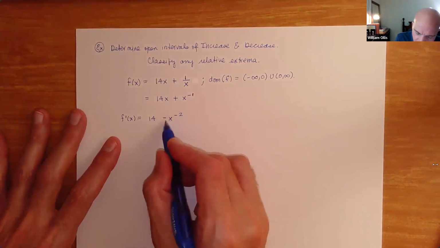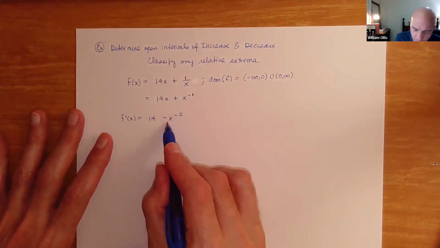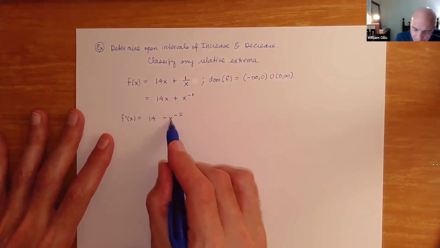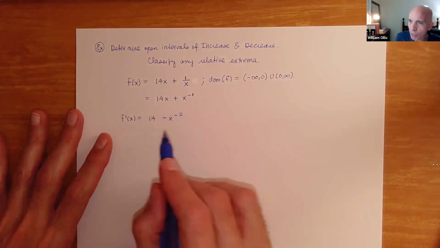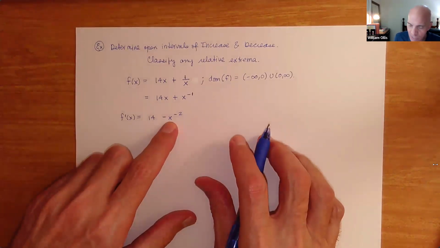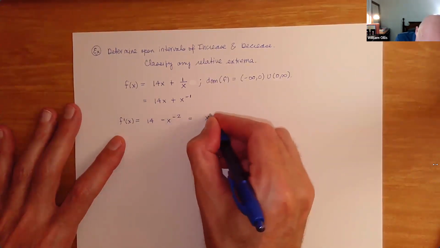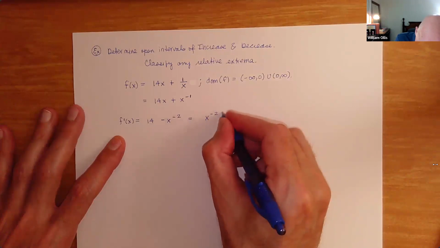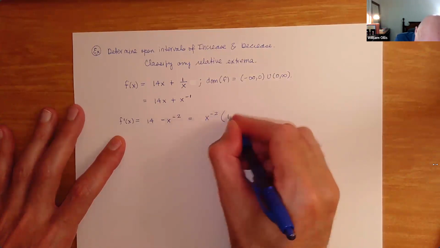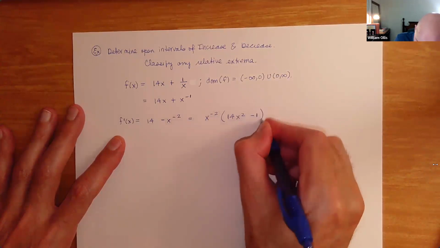So maybe what we could do in this particular case, if we factor this, and then worry about signs in a minute. So first, let's go ahead and factor the x to the -2 and see what we get. So we have x to the -2 times 14x squared minus 1.